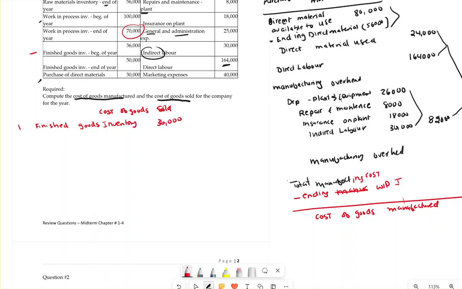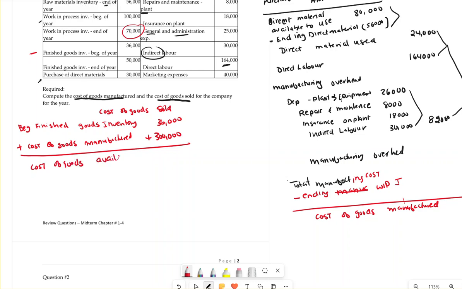We started off with beginning finished goods inventory, and then we add the cost of goods manufactured, which is 300,000, and that gives me cost of goods available for sale. If I add the two together, 336,000, minus my ending finished goods inventory.